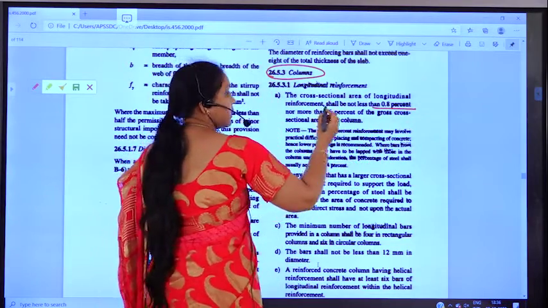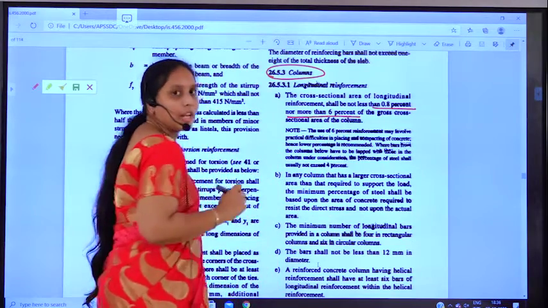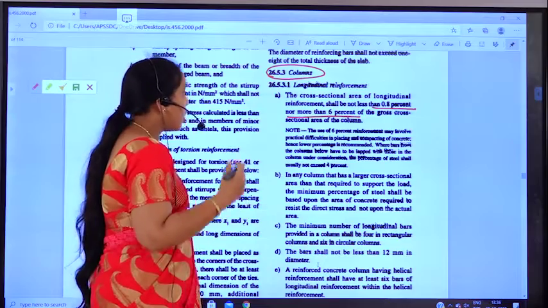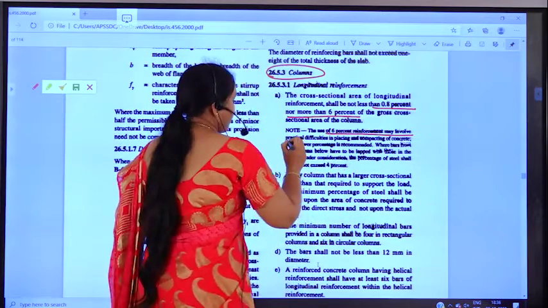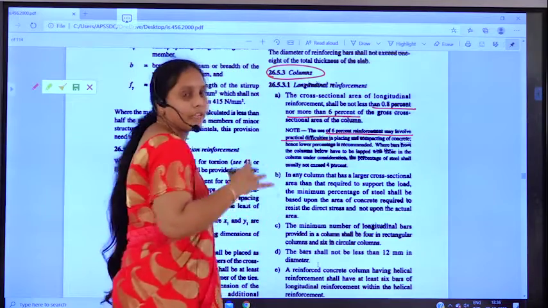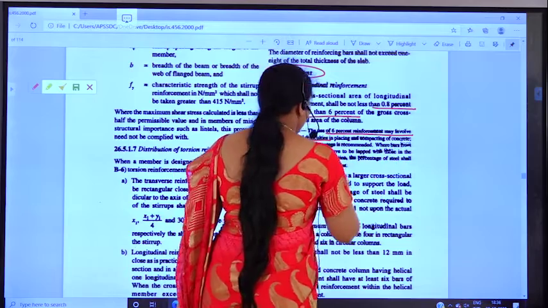0.8% to 6% of the cross sectional area of the column. As 6% reinforcement might involve some practical difficulties, that 6% has been reduced to 4%.